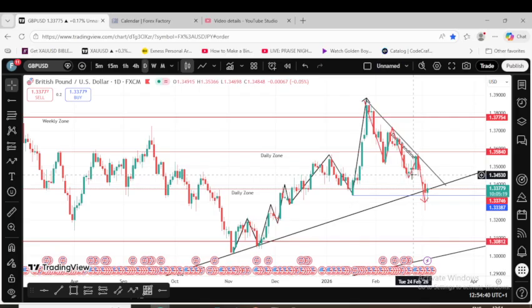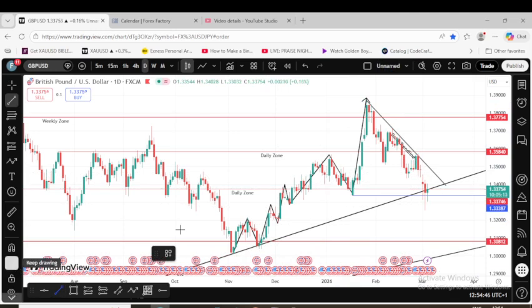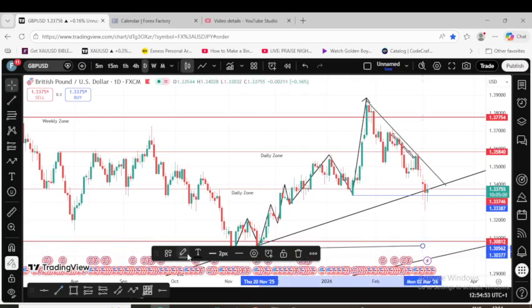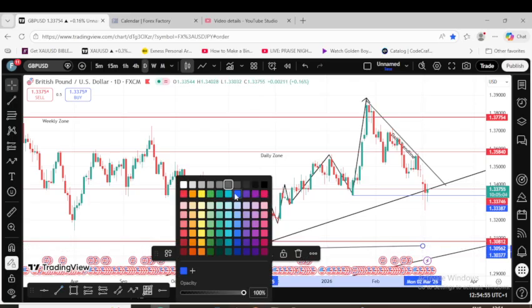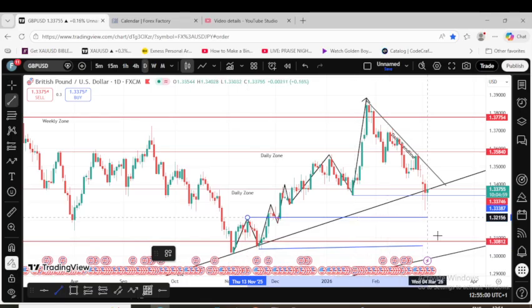So let's delete this, and then let's identify our market structure, which will be like this. This is my higher low. This is my higher high. This is my higher low.